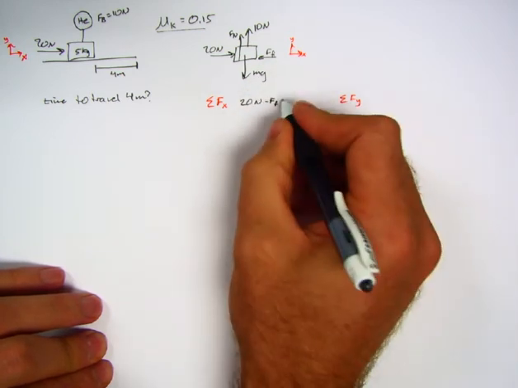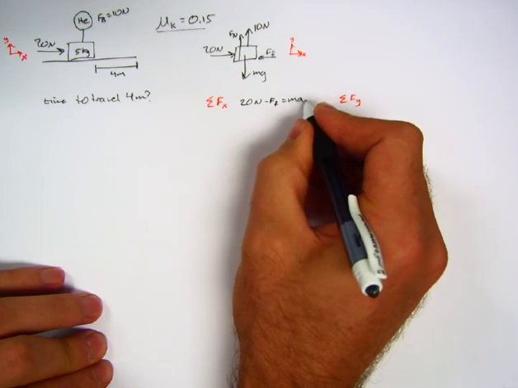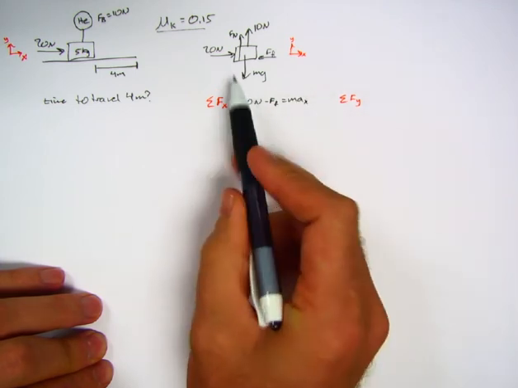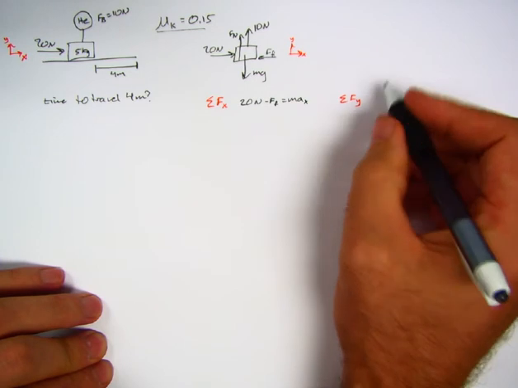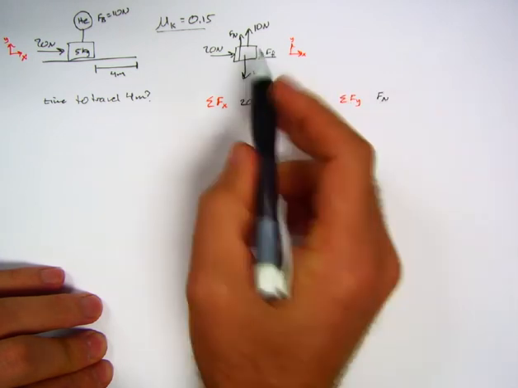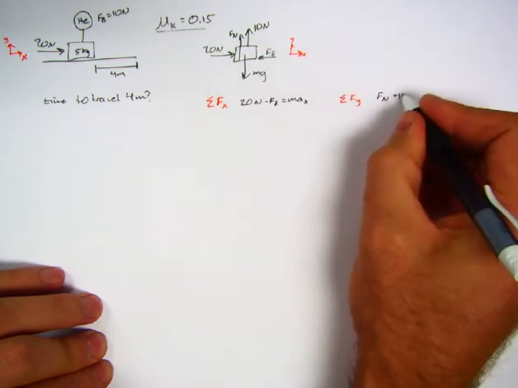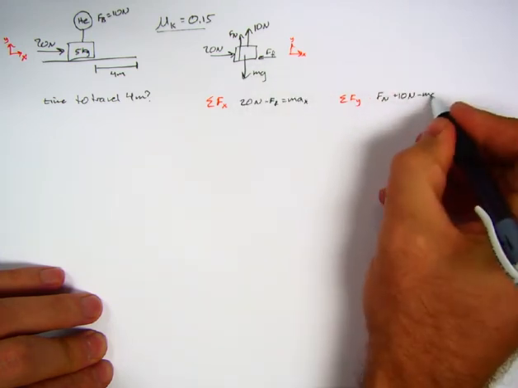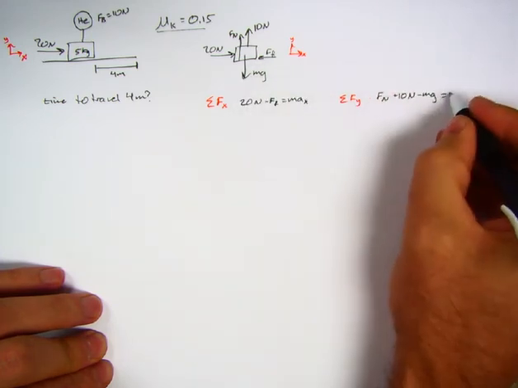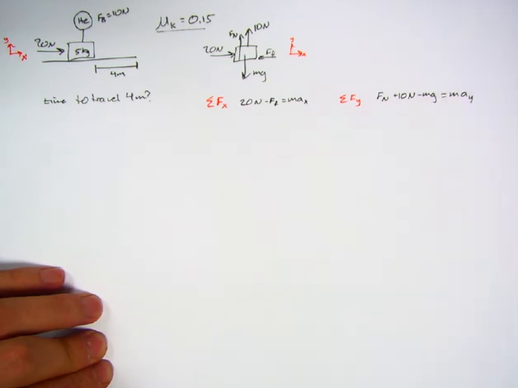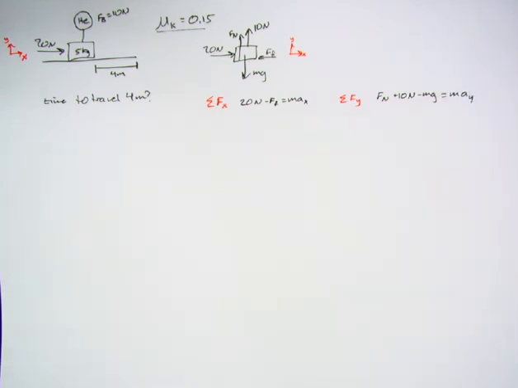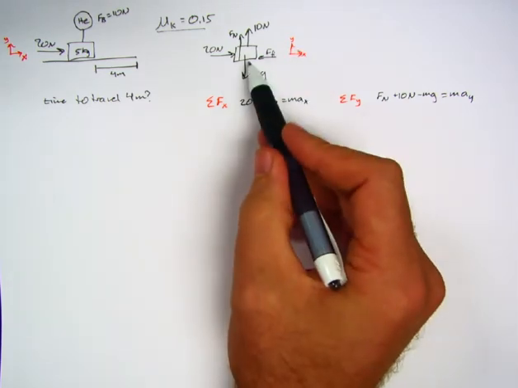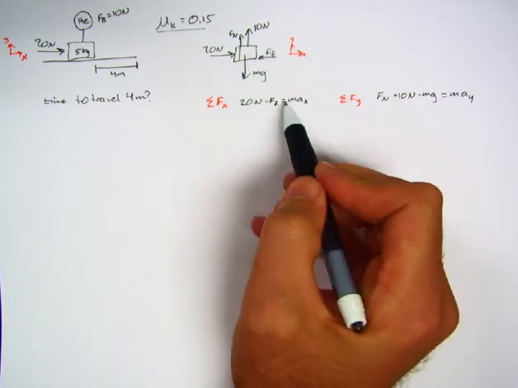That's it, equals mass times acceleration in the x direction. In the y direction, we have a positive F normal, a positive 10 newtons from the balloon, and a negative mg from the weight, and that's it, equals mass times acceleration in the y direction. So there's everything we know. We have our coordinate system, our free body diagram, and our 2 equations of motion.